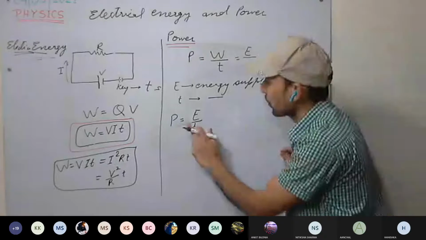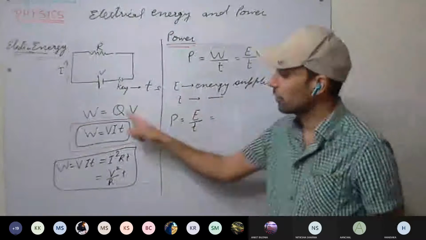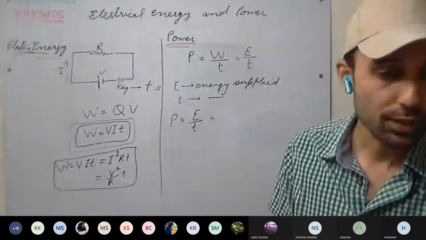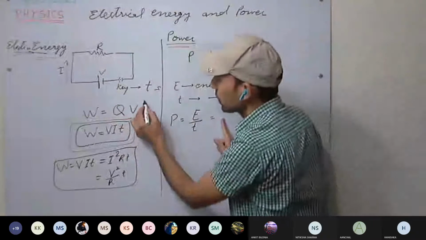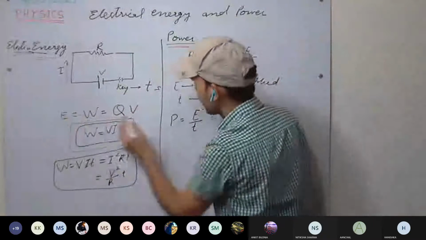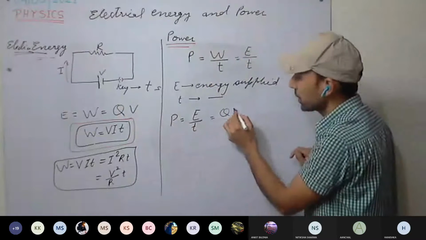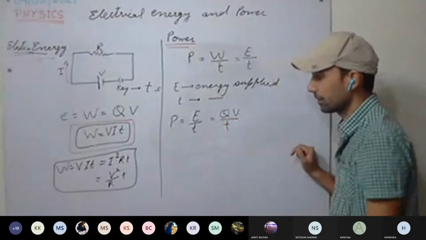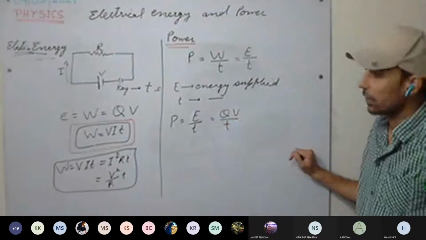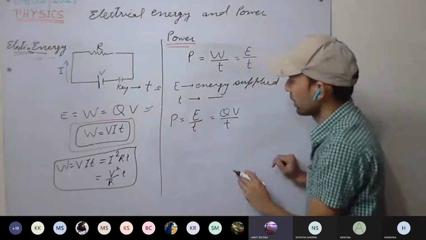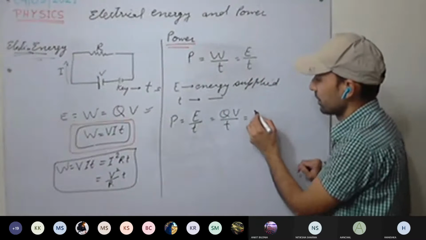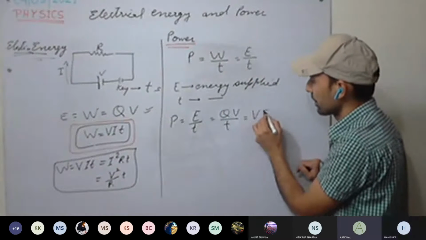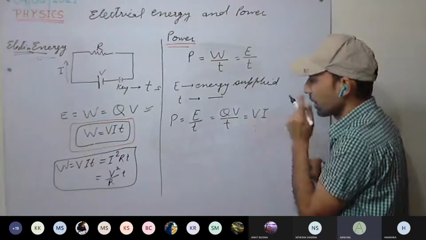Now we can put different expressions for E. W equal to QV. This is energy also. Put it here. It will be QV upon T. Q upon T is what? Current.